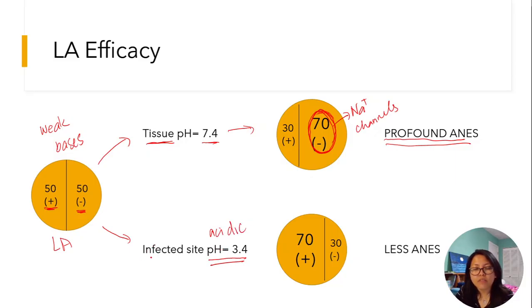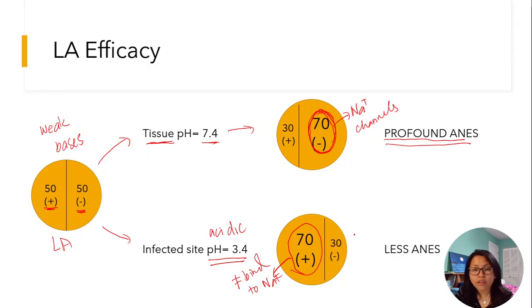What happens here is that instead of having more uncharged molecules, you'd end up with more positively charged molecules. And these positively charged molecules do not bind to your sodium ion channels.